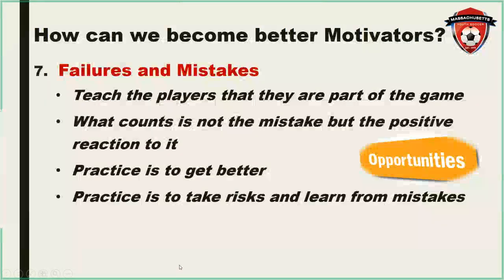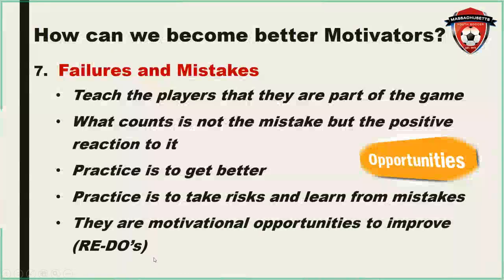So we're teaching them that mistakes come because we take risks. And when we take risks, there is a chance that we're going to mess up. And if we mess up, we learn from our mistakes. So the question is, what can we do better? What can you do next to improve that?